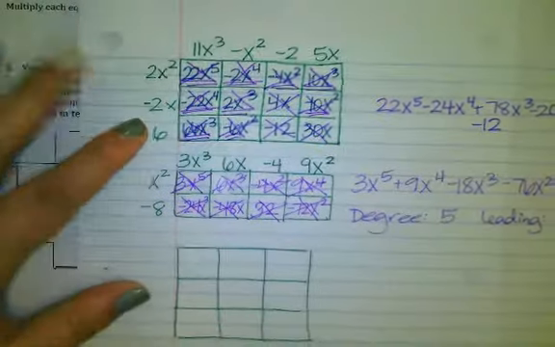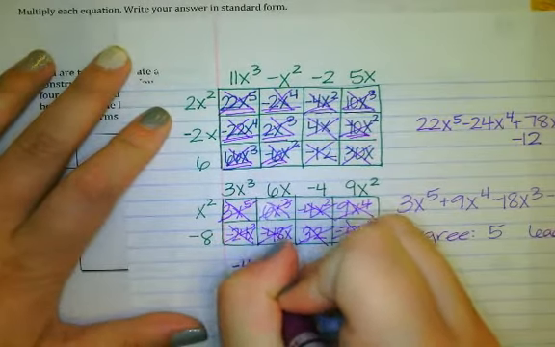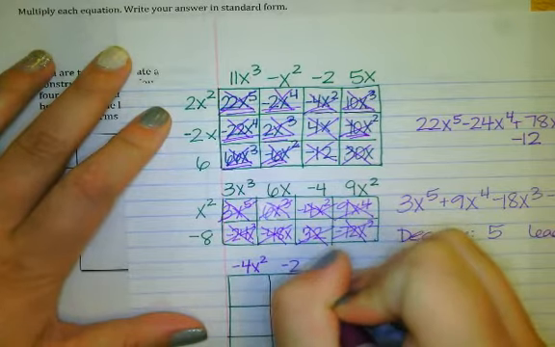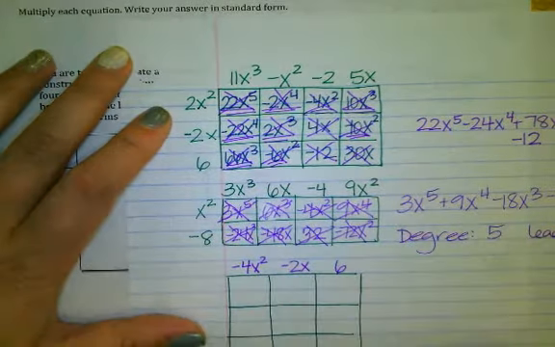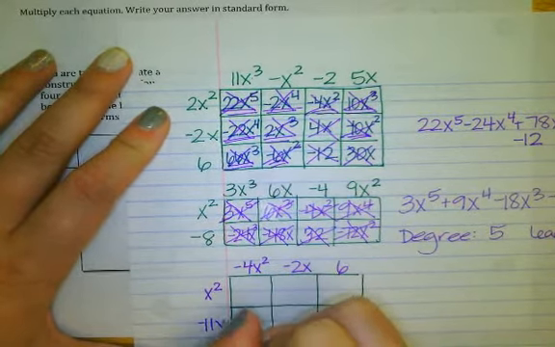Okay, I have negative 4x squared, negative 2x, a positive 6, x squared minus 11x plus 24. I'll give you a second to set up your box.